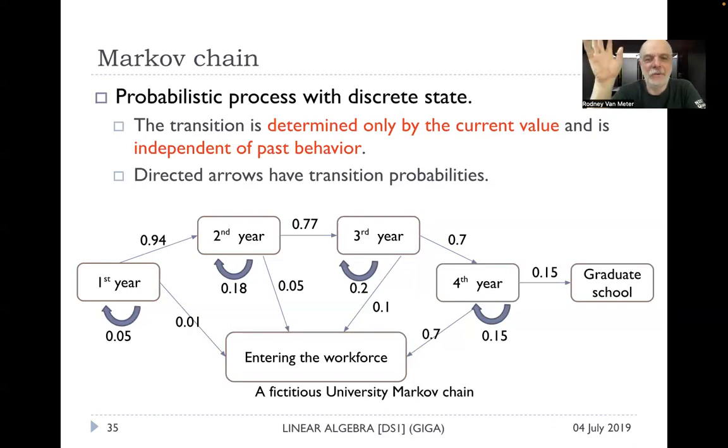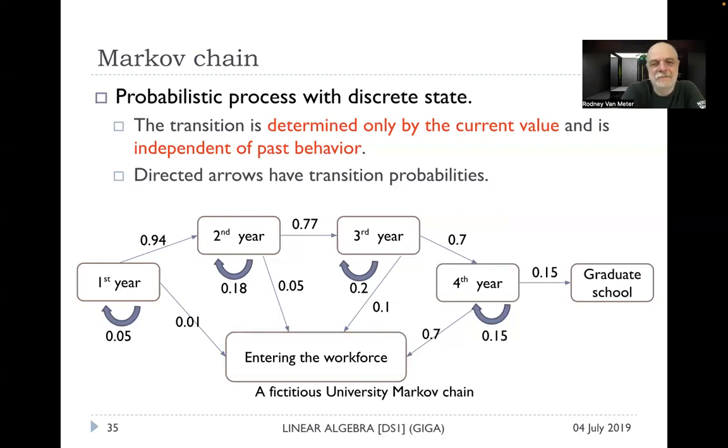But in our fictitious university here, maybe year 2 is the tough one. So the transition, moving up or advancing from year 2 to year 3, the probability of that happening is only 0.77. It's only 77%. There's an 18% chance you're going to stay as a second-year student and repeat the second year, and a 5% chance that you're going to leave the university and take a job.